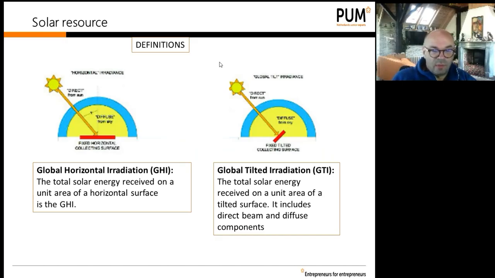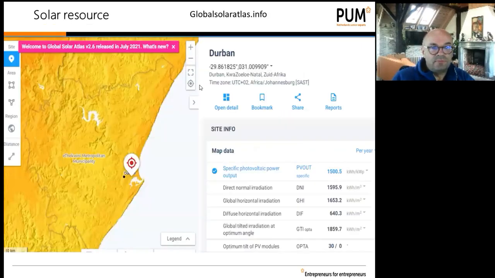If you look at the global tilted irradiation, then it looks not at the horizontal surface, but at the tilted surface. And of course, there is a difference between that. And if you look at solar resource websites, you see the difference between them, and you have to calculate this.